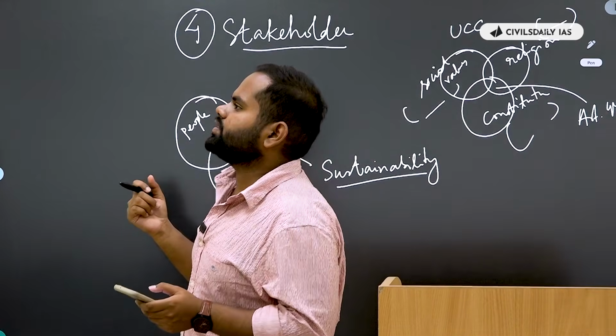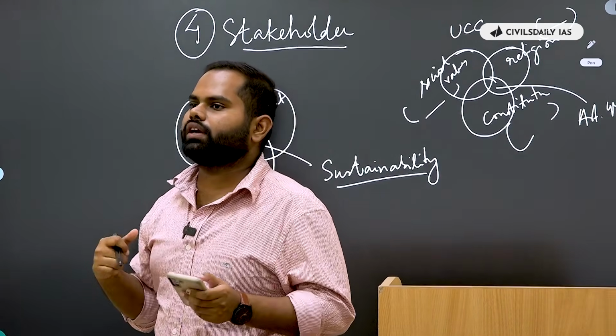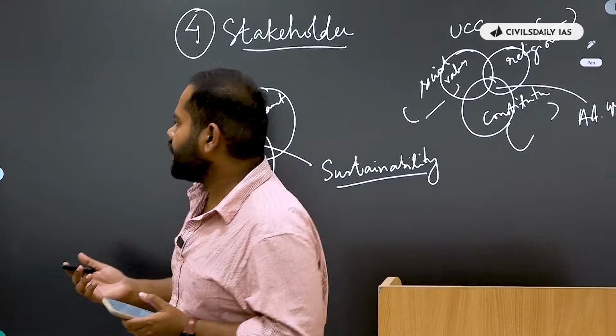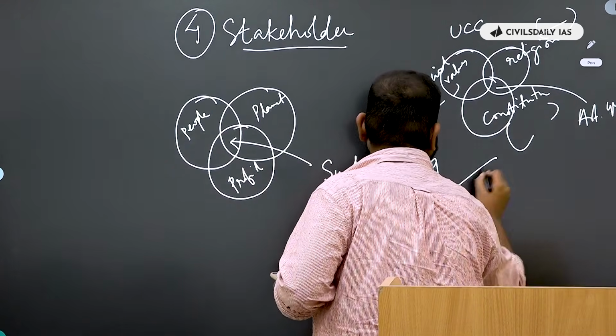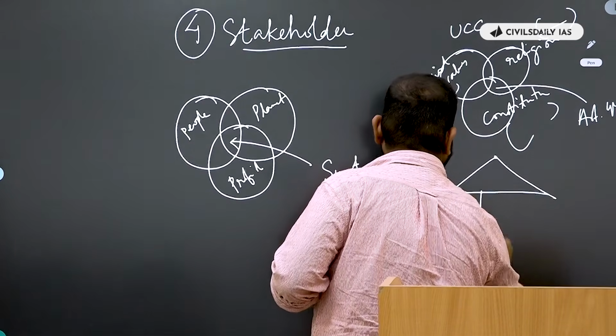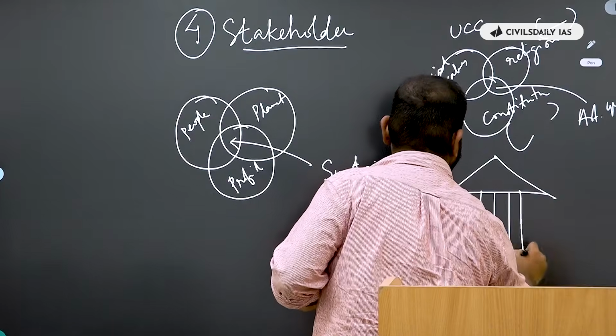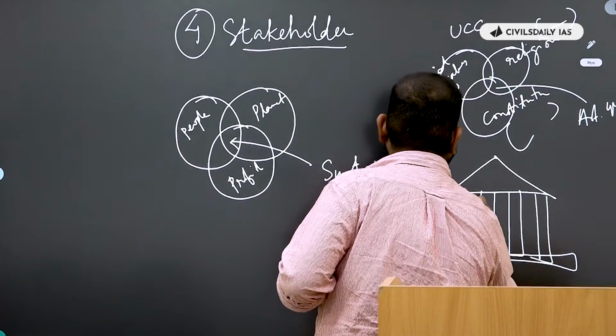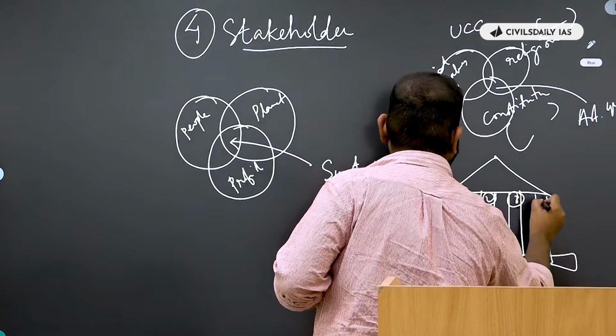Again, a lot of times it's asked what are the important tenets of a good bureaucrat, or how should bureaucrats look? So you always have a stakeholder approach like this: what are the pillars? And draw this, with 1, 2, 3, 4.